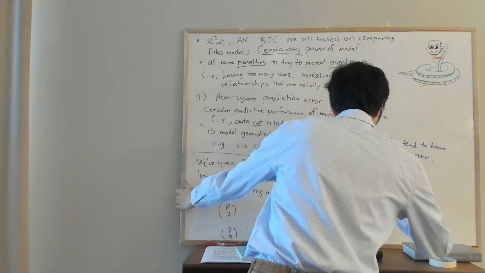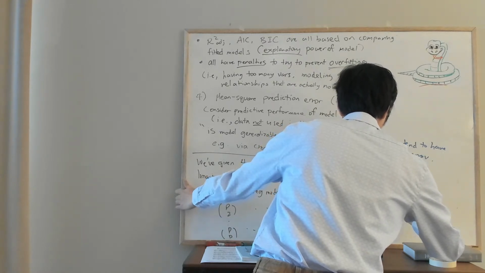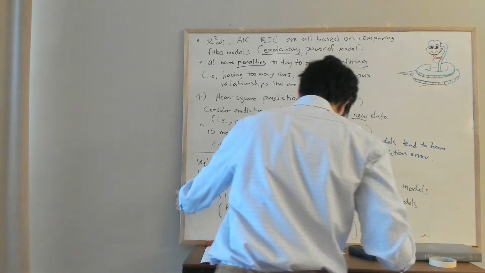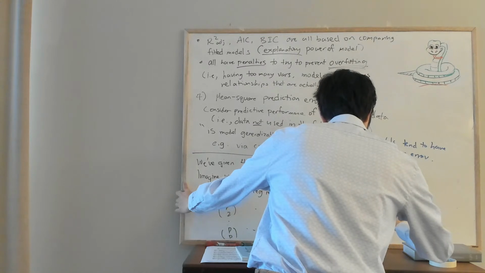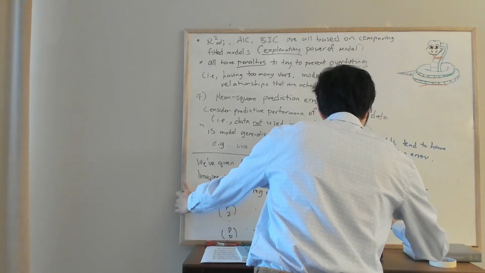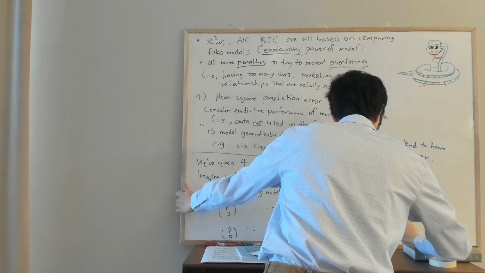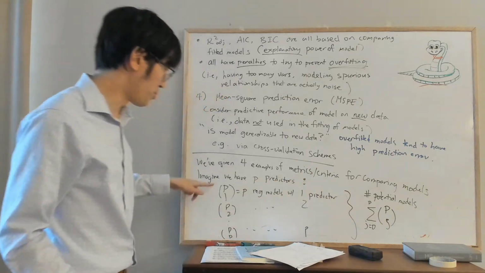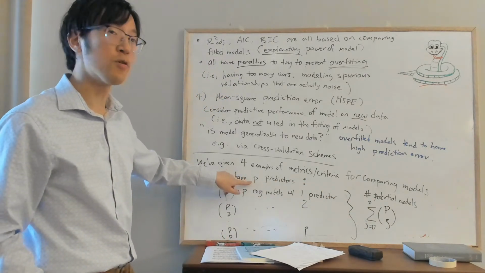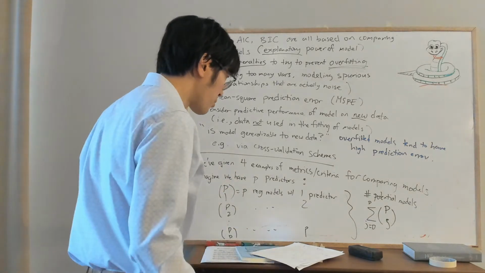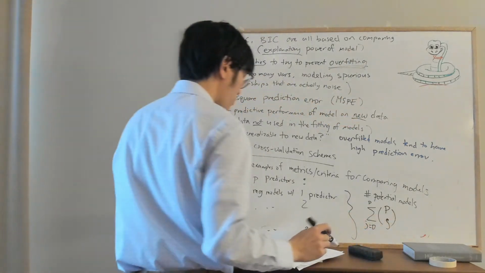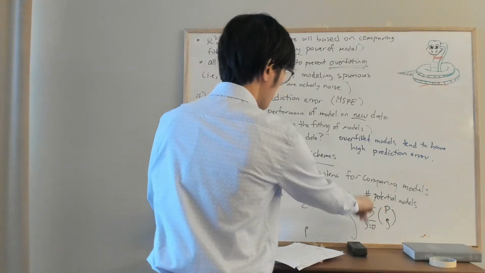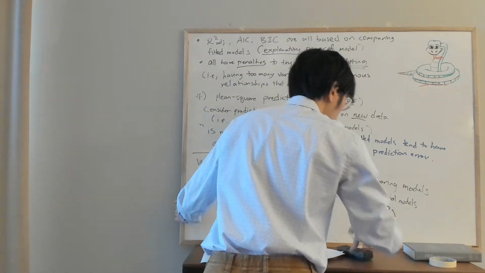The number of potential models would be the sum of all of these, if you add up all these binomial coefficients, P choose J. These are all the possible regression models, how many there are based on us having a total of P potential predictors. And by property of these binomial coefficients, we sum P choose J from 0 to P. That is in fact just 2 to the P.